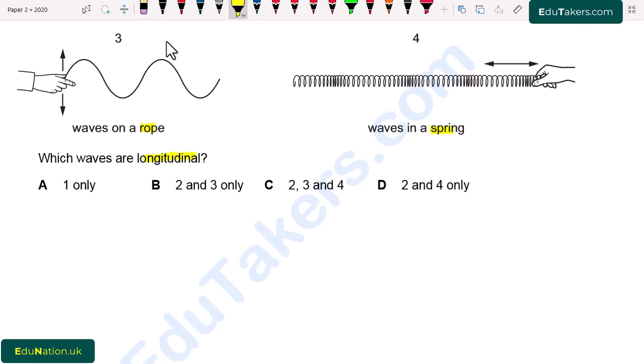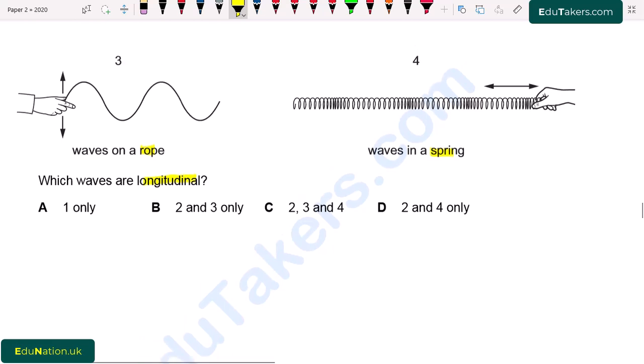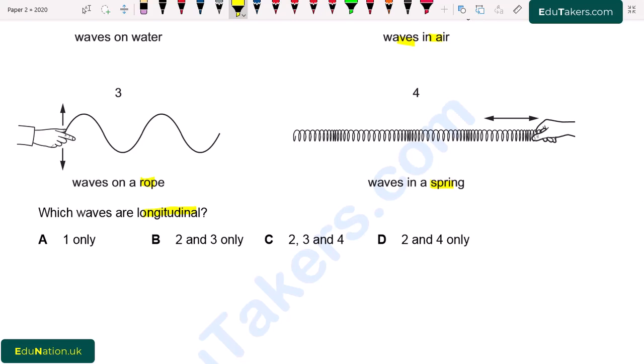In the longitudinal wave, the particles of the medium move parallel to the direction of motion of the wave. In the fourth diagram, we can see here that this is the direction, and also the wave is produced in this direction. The vibration is also produced in the horizontal direction.